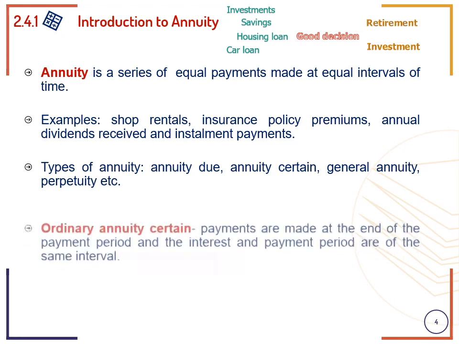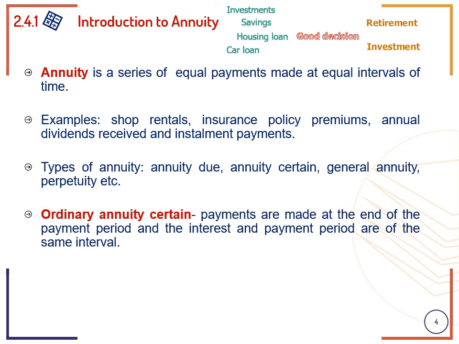In this topic, we shall mainly discuss ordinary annuity certain, where payments are made at the end of the payment period and the interest and payment period are of the same interval. Note that, unless specified, money invested every period is understood to mean money invested at the end of every period.